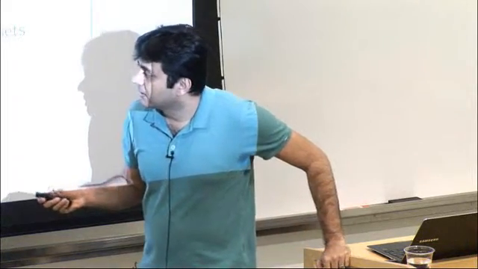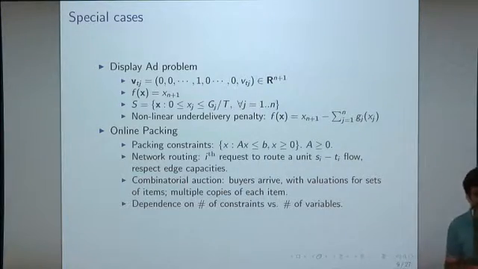And even though I said for the online packing this linear version is already solved, even for this we get an improvement. The improvement is technical. Earlier, the guarantee that we get, which I'm going to show later, depended on the number of constraints.